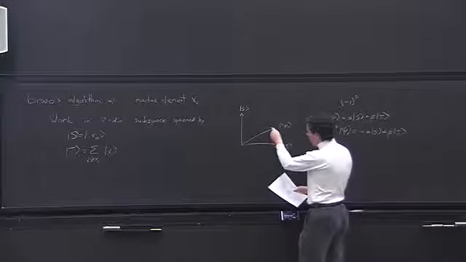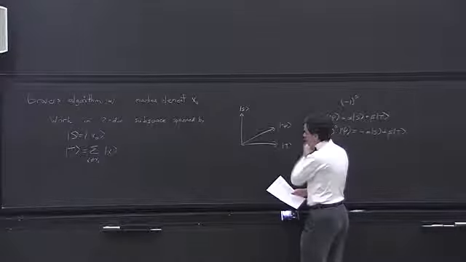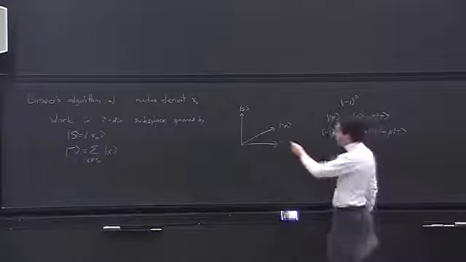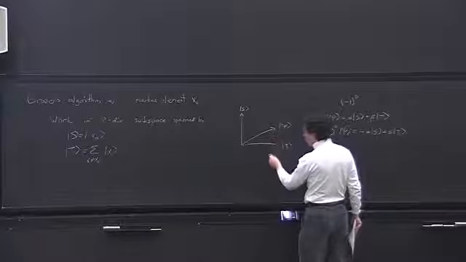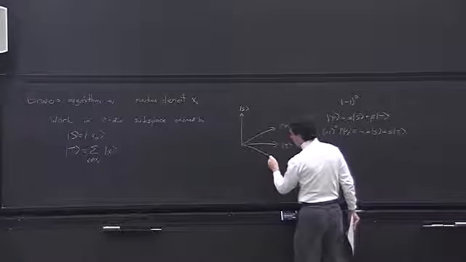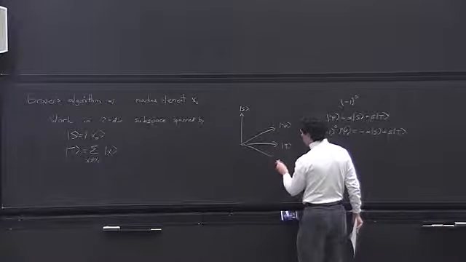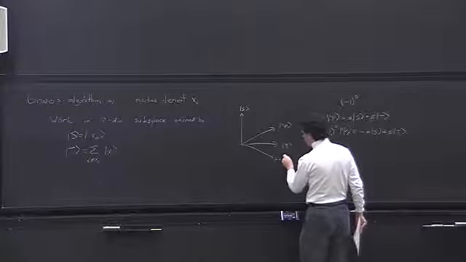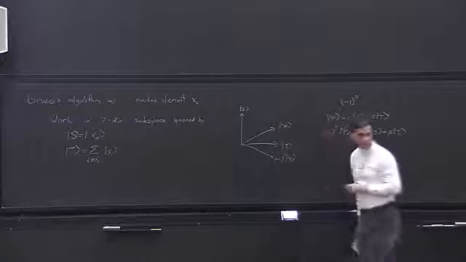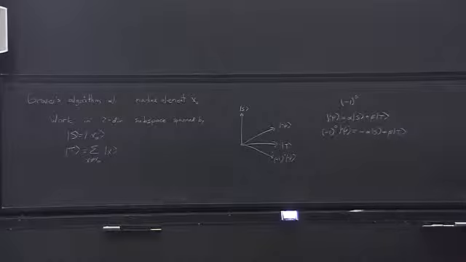Well, the T component of psi remains the same, and the S component gets reflected over the T-axis. So this is going to be down here, (-1)^O psi. Okay? Make sense so far?